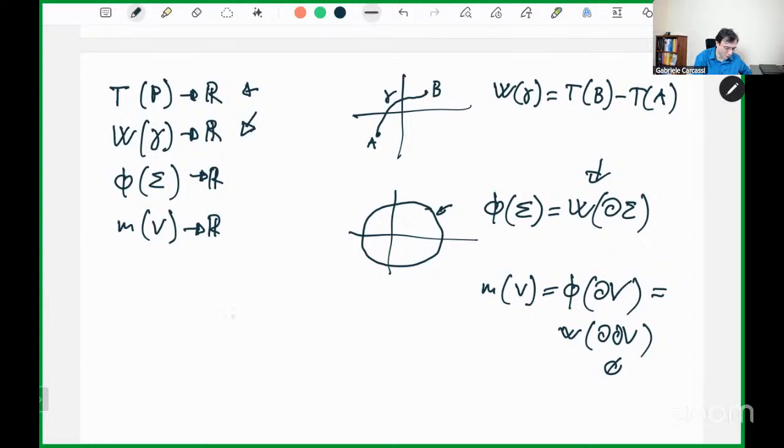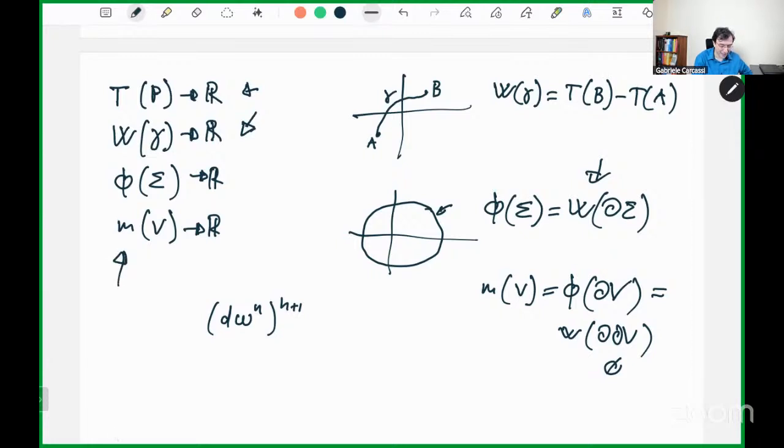So when you have a form omega, you can take an exterior derivative, and if this is an n form, this is going to be an n plus 1 form, right? And we saw before, the form is something that you give an infinitesimal parallelepiped, and it gives you back a number. So the forms are the infinitesimal version of these things.